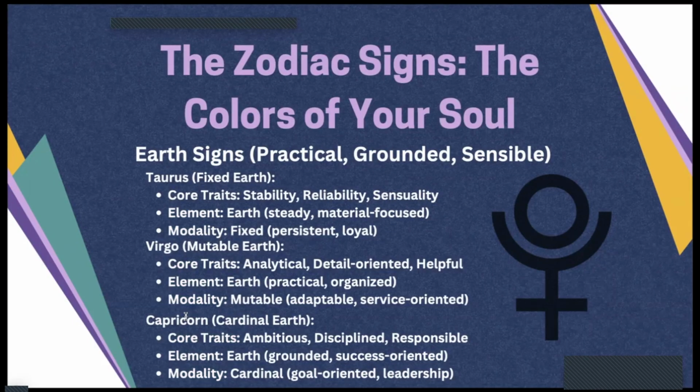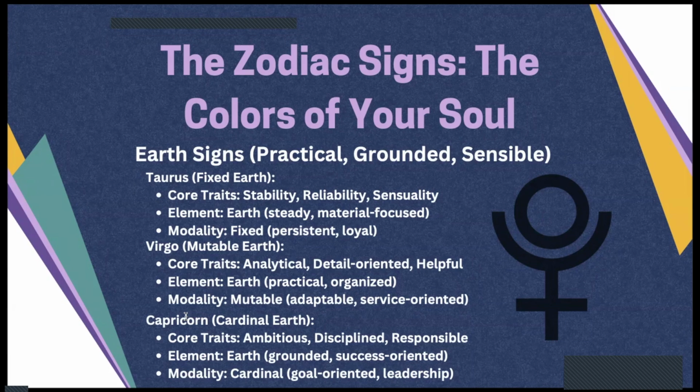Okay, for earth signs, Taurus is ruled by Venus. That's where you get the sensuality. If you know anything about Taurus, they are all about stability. They need their finances. They need to see it, they need to touch it, they need to feel it in order to know that it's secure.